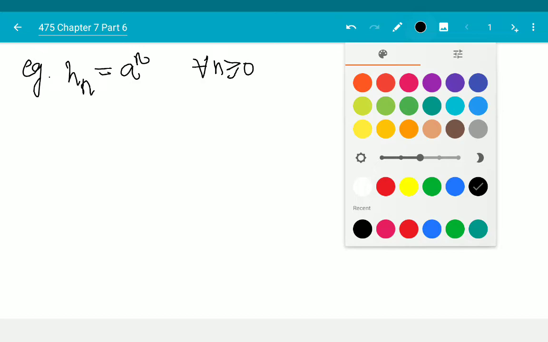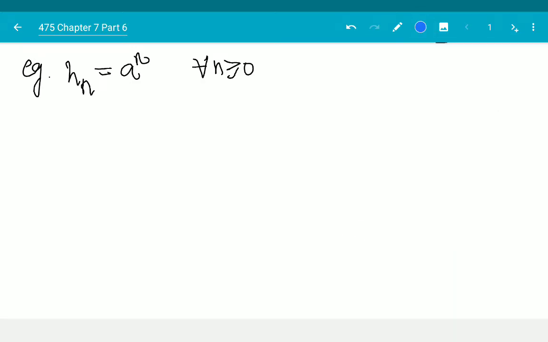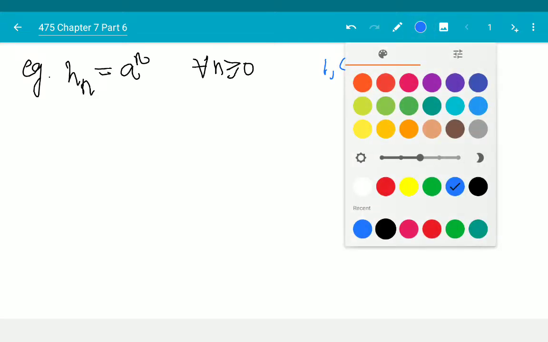It's a geometric series now. So my sequence looks like 1, a, a squared, and so on.